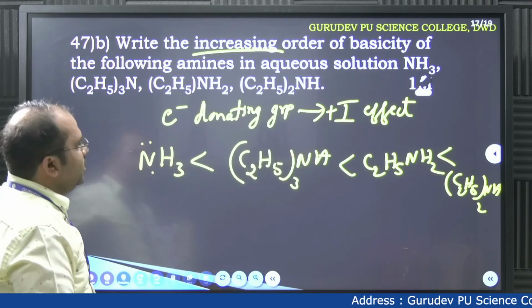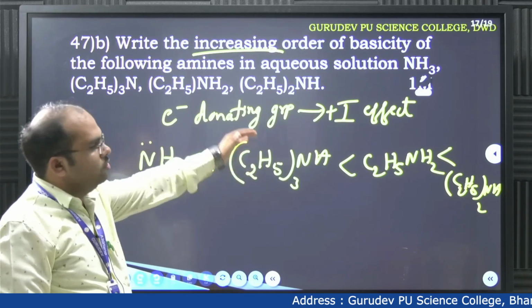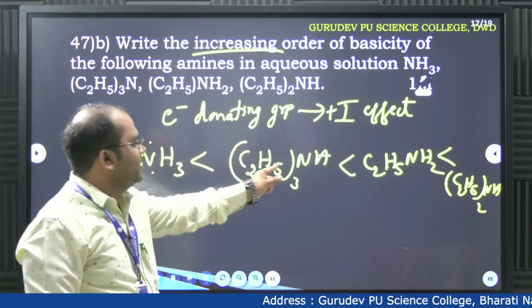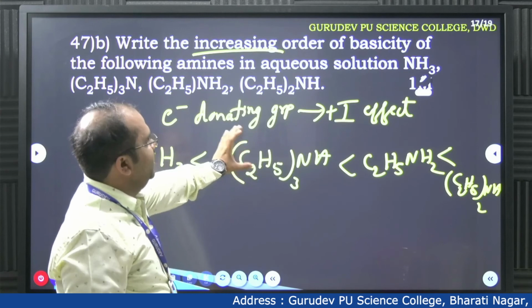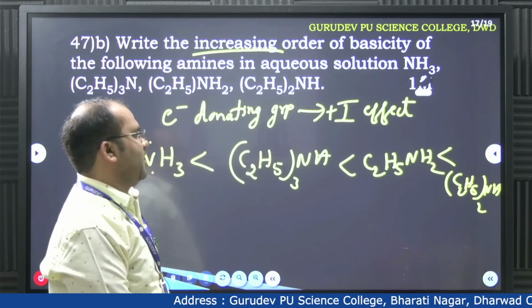On that basis, the compound with three ethyl groups takes the second place in the increasing order.